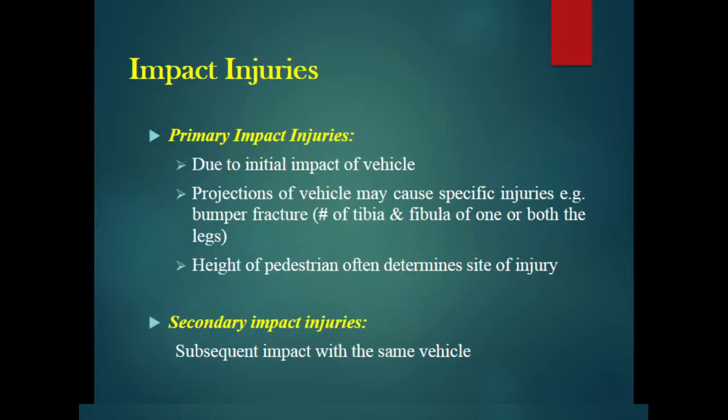Impact injuries can be divided into primary impact injuries and so-called secondary impact injuries. Primary impact injuries are the injuries obtained due to the initial impact by the vehicle. These injuries might have a very specific pattern, because different projections and protruded parts of the vehicle might cause specific injuries to particular parts of the human body.